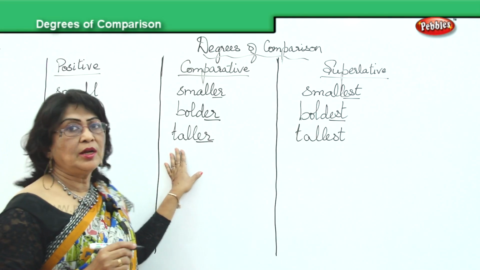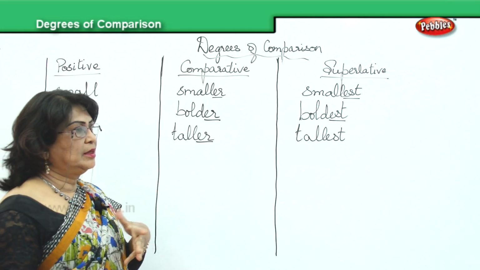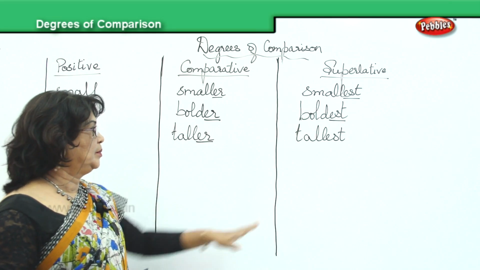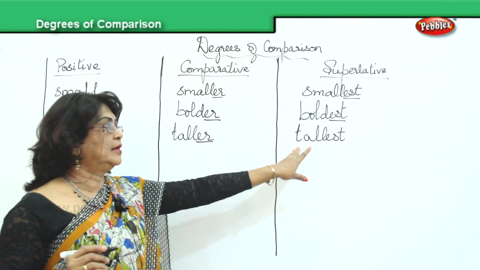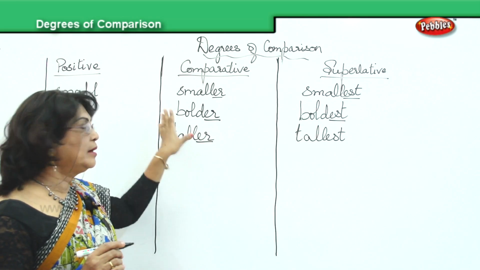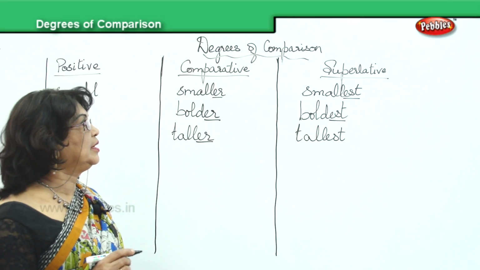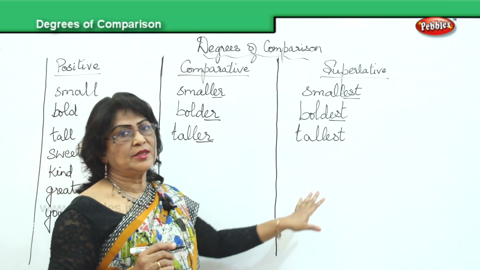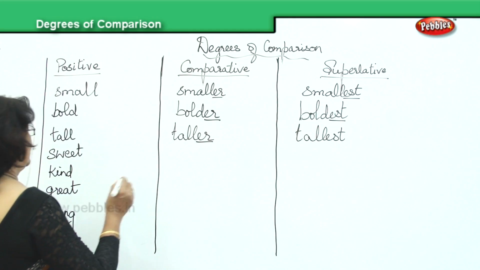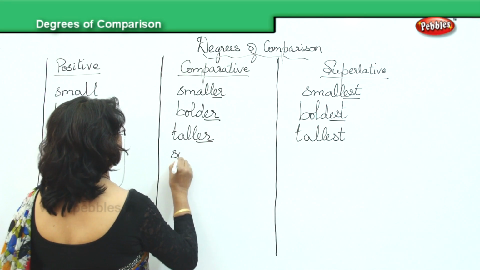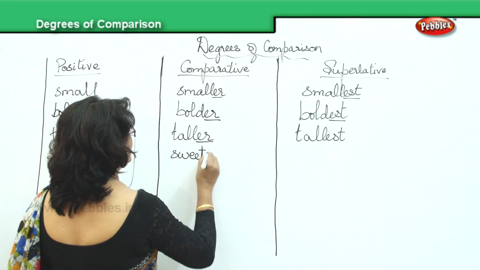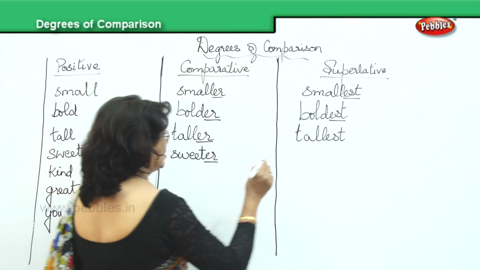She is taller than maybe this girl and that girl, but she is the tallest in the class. So, when you compare two people or two things, we use the comparative degree. More than two, we use the superlative. Next, sweet, sweeter, sweetest.